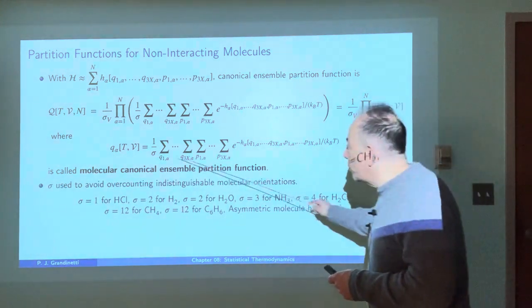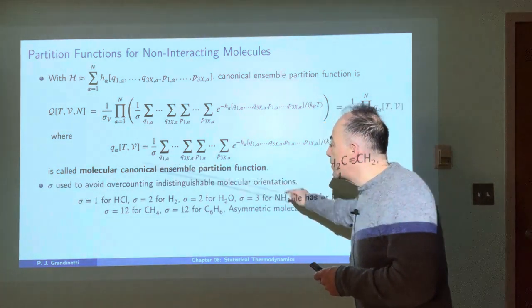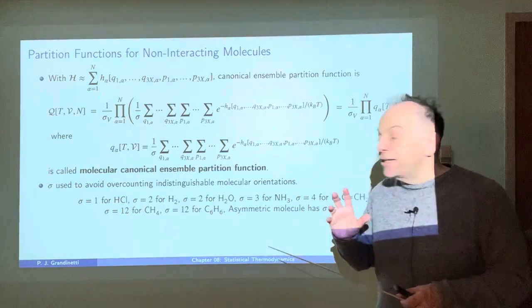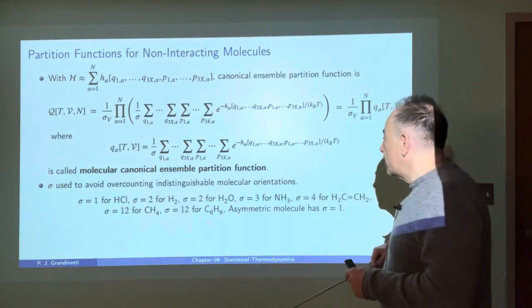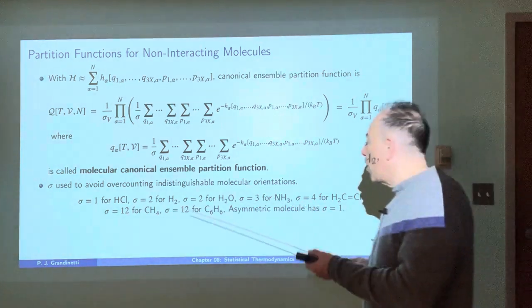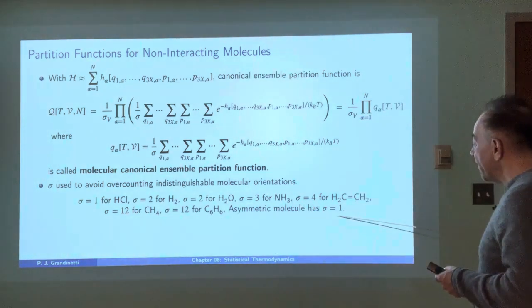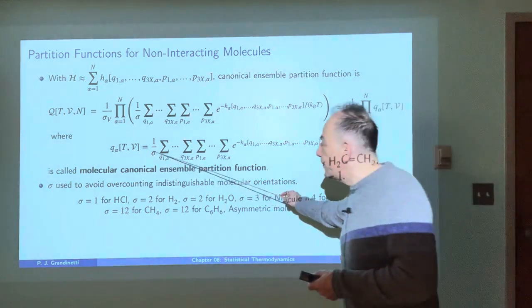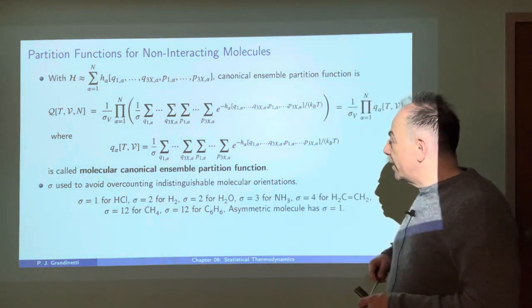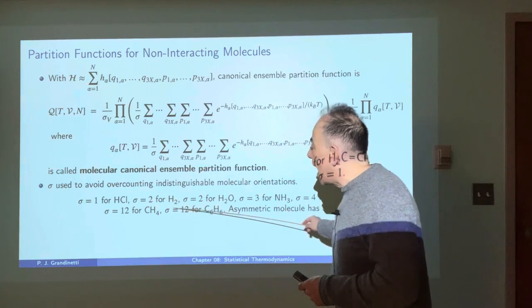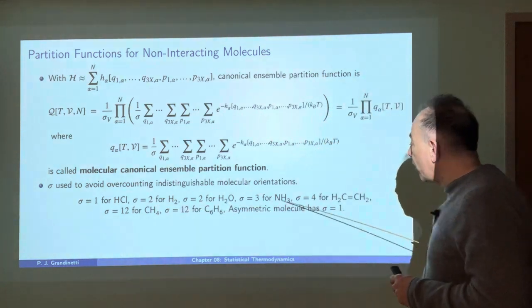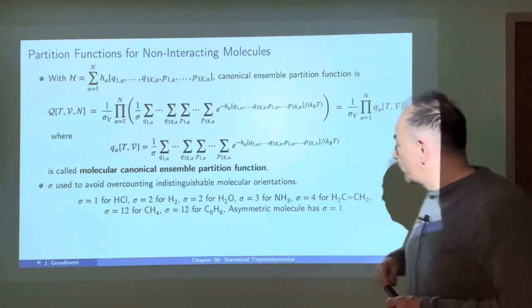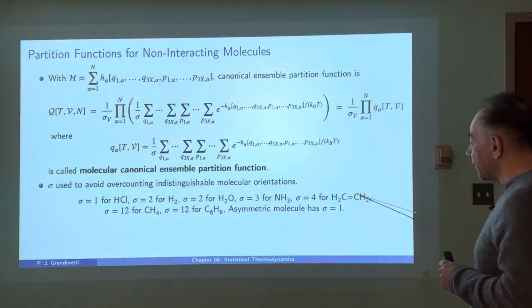Now, we also have to include this sigma term to avoid overcounting indistinguishable molecular orientations in our system. For an asymmetric molecule, this is just going to be 1, so there's no indistinguishable orientation. But for molecules like hydrogen, there are 2 indistinguishable orientations. Same for water. For ammonia, there will be 3 indistinguishable orientations. Ethylene, there's 4.